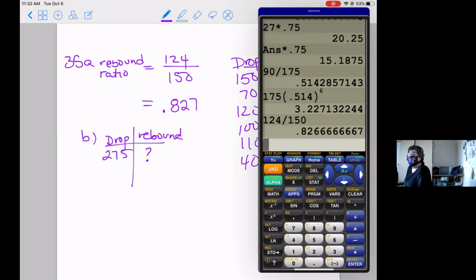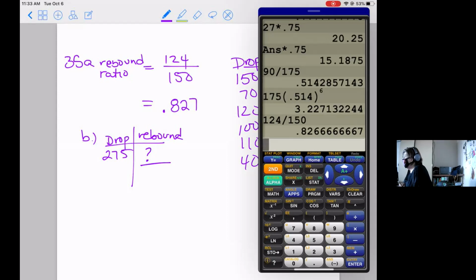Would the rebound ratio be different than what it is already? So how would I do it? Santos, you got an idea? Or what? You have an idea? How would I find this? I'm sorry, I don't know. We'll kind of figure this out too.